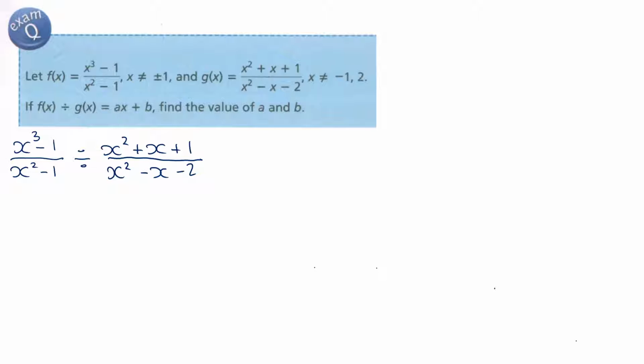Okay, so what we know is instead of dividing, we're going to use the reciprocal. So we're going to flip the fraction. So instead of dividing by this fraction, we're going to multiply by its reciprocal. So what that means is we're going to flip it upside down. And now we're going to multiply.